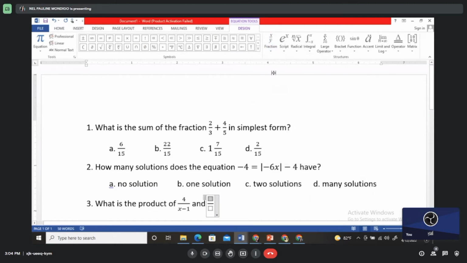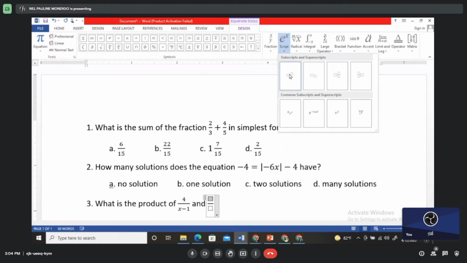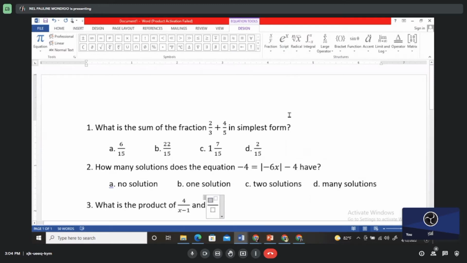As I said before, in adding a power, go to Script, and for your base it will be x squared minus 1 over 3x plus 3.